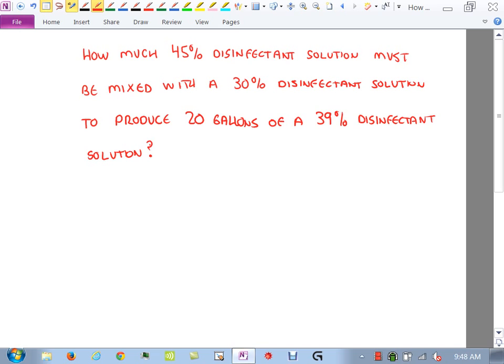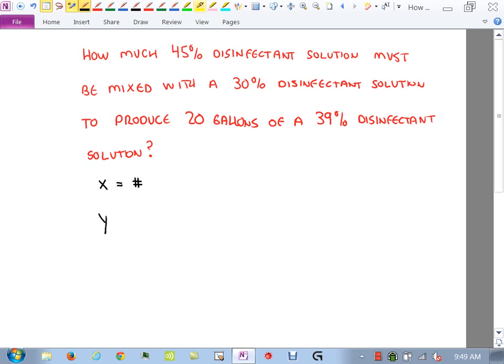So we're going to call X and Y, right? We're going to determine what our X and Y are here. Let's let X be equal to the number of what? What was it in the previous problem? It was the number of ounces of the sweet tea that was 20%. Here, what does it look like they're measuring our volume in? How much there is?